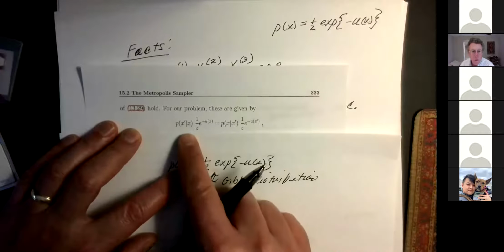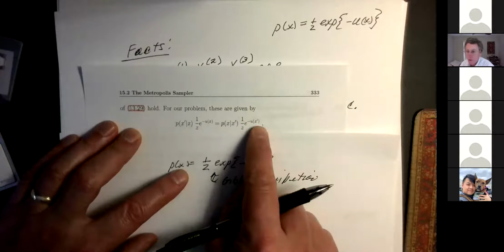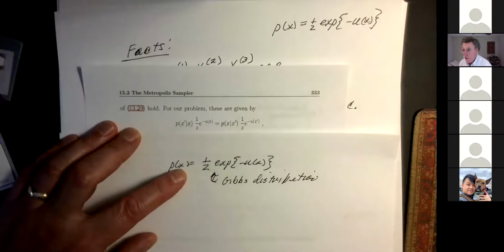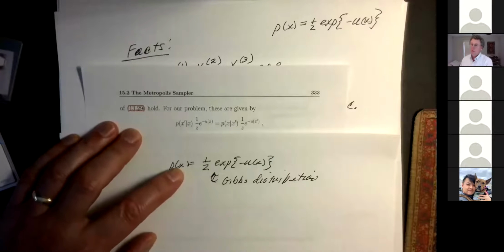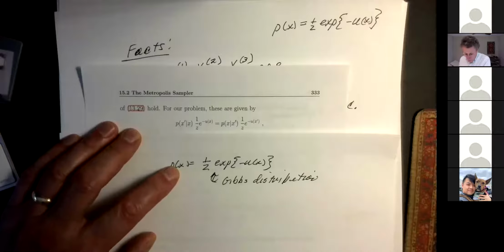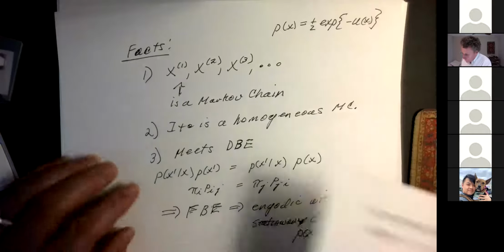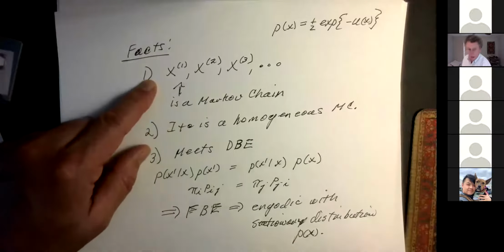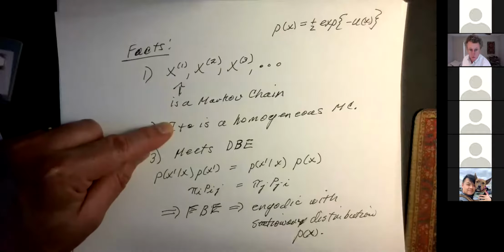Okay, now we want to show that the detailed balance equations hold. They might not hold. If they don't hold, then everything I'm saying is not true. But it's going to turn out they do hold, but we need to show they hold. If we show they hold, then what does that mean? It means that it's a Markov chain, it's homogeneous.